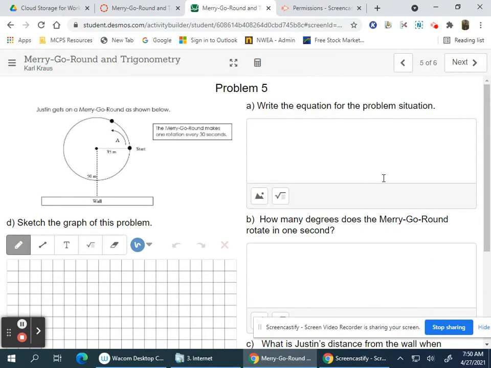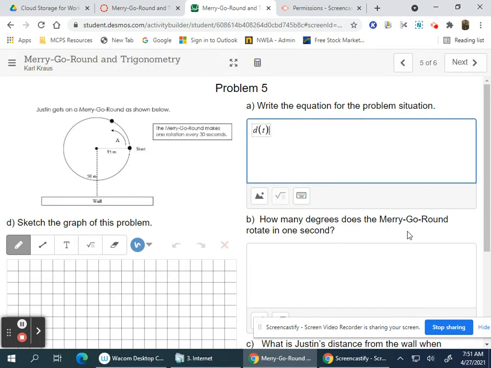And then problem 5. It looks like 50, 35, and 30 seconds. If I wanted to write the equation using degrees, let me get the equation editor here.